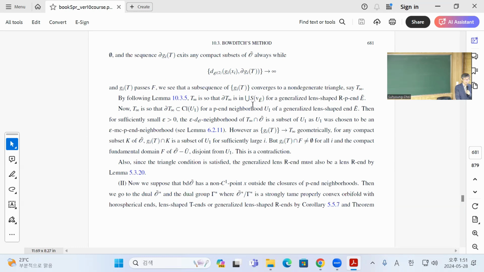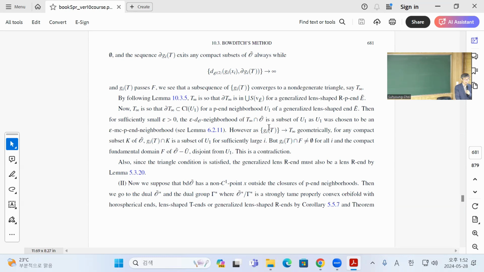Okay, and the next lemma shows that this limit has to be in the boundary, in the generalized n-shape, so that's the only possibility. But then this means that it is in some Pn neighborhood, and so some n neighborhood will contain this.